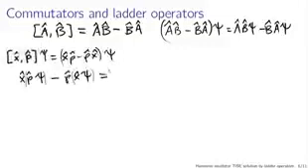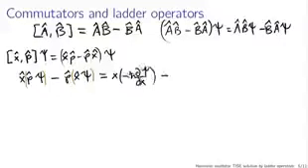We have definitions for these things. x hat is just x multiplied by something, and p hat is minus i h bar times the derivative of something, in this case, psi. Our second term here is minus i h bar times the derivative with respect to x of x times psi.